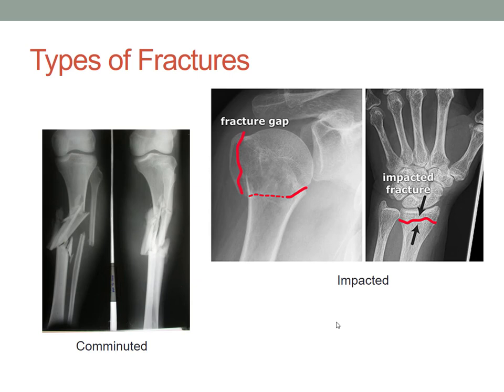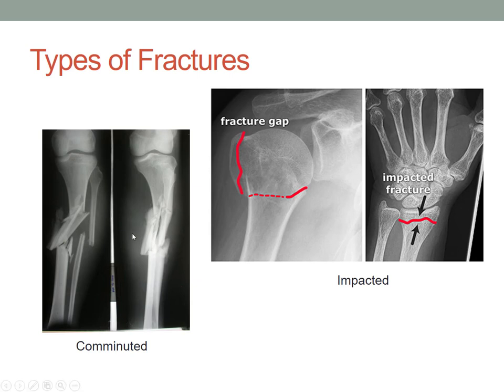So the next one is a comminuted fracture. This is caused by forces that are applied to one end or the other of the bone. For example, this is obviously a leg. If someone fell from a distance and landed on their feet, this might be one of the things you would see.